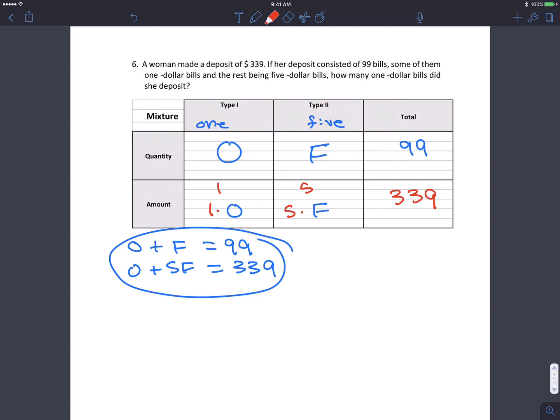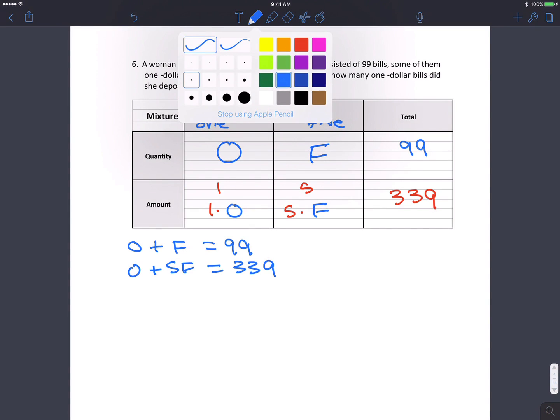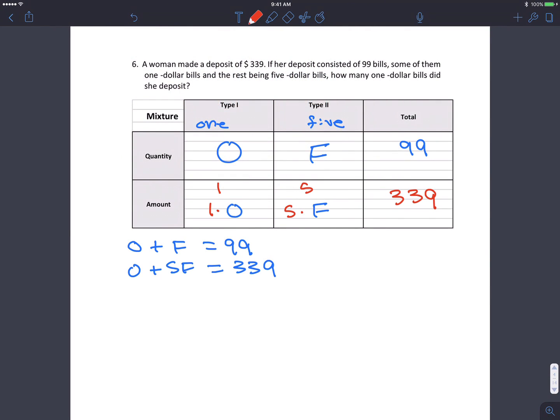We can solve this any way we like. If you want, we can use the addition method or the elimination method. Let's eliminate the O. We can do that by multiplying every term in the first equation by -1. That changes the sign for every one of these terms.